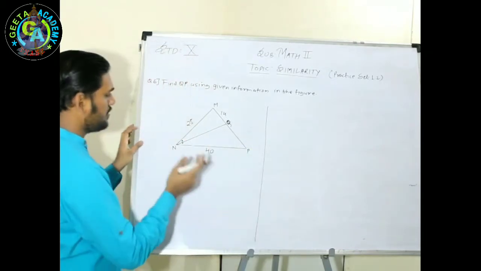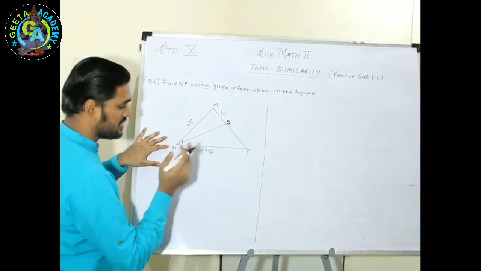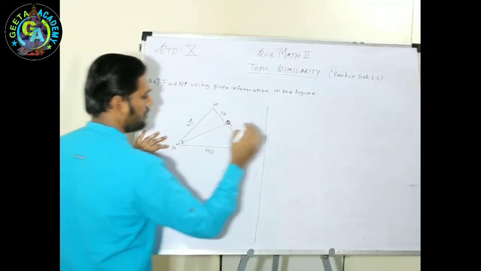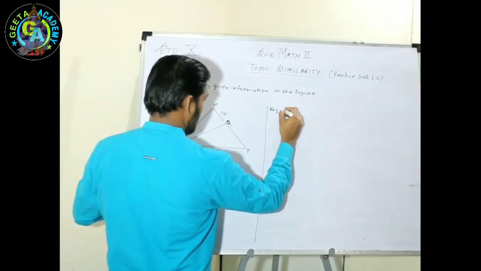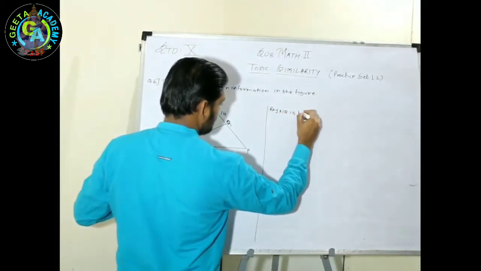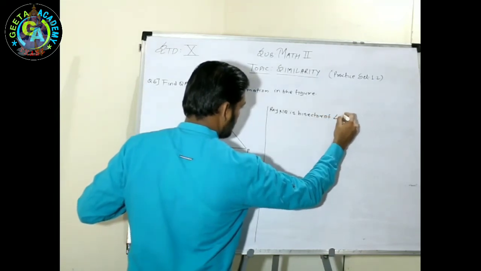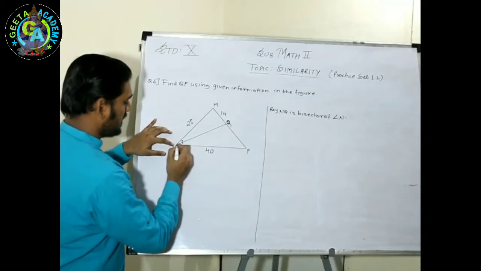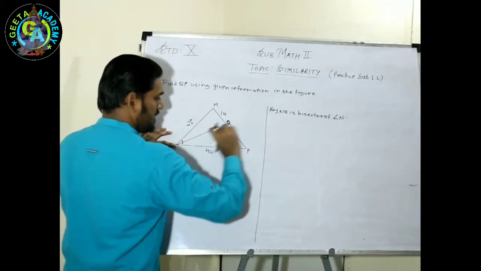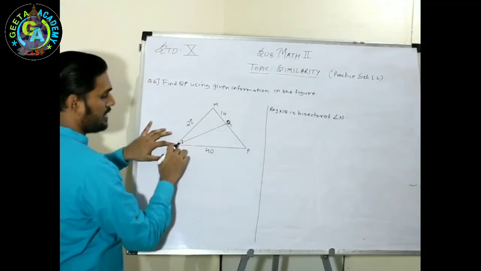Here the ray is NQ, and it is bisecting angle N. So we will write ray NQ is bisector of angle N. How do we know? As we have the 2 dots, it means your angle bisector is passing here. Our angle bisector name is NQ, which is the bisector of angle N.